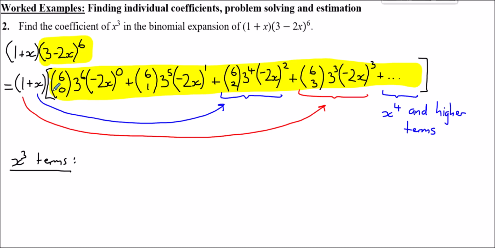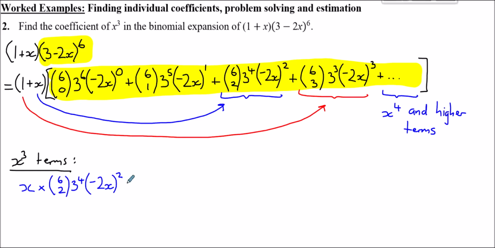So now, just grouping these two together, we can consider what we'll have in terms of x cubed. So what we'll have is x multiplied by 6 choose 2, 3 to the power 4, (-2x) squared, by multiplying the x by this.